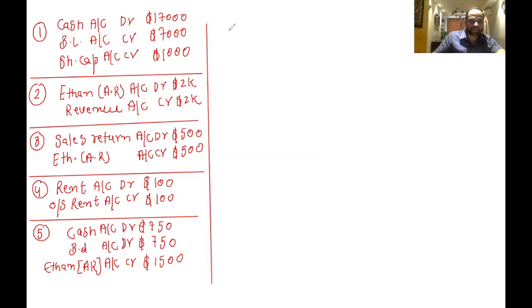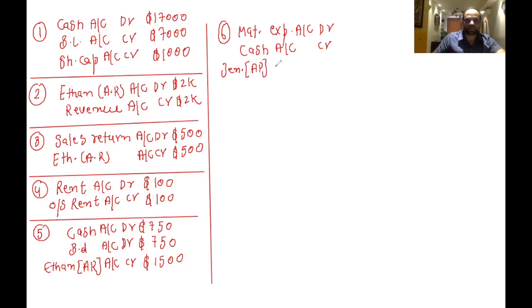So number 6, material purchase. So material purchase expense, or raw material expense, anything. Material expense or material purchase account debit, cash account credit, and accounts payable, or we can write Jennifer accounts payable account credit.